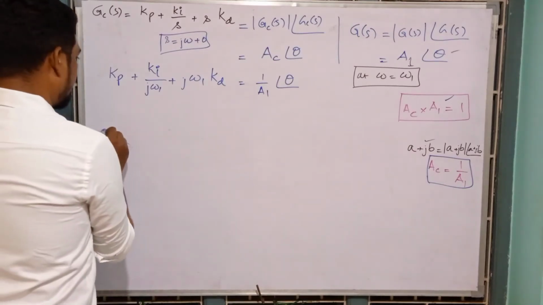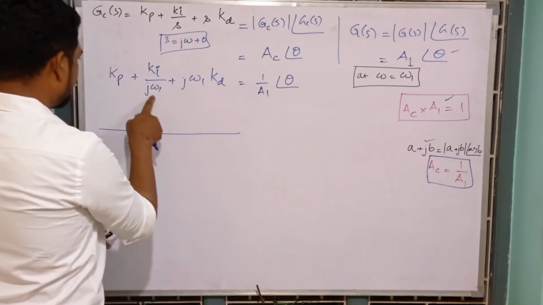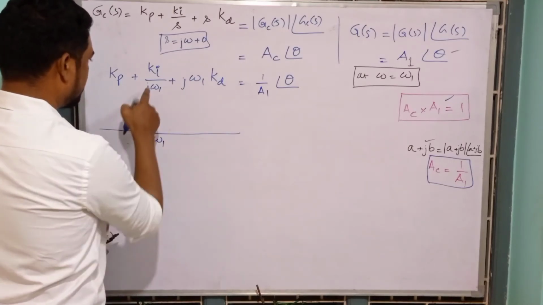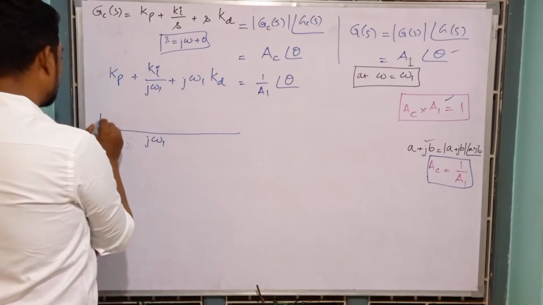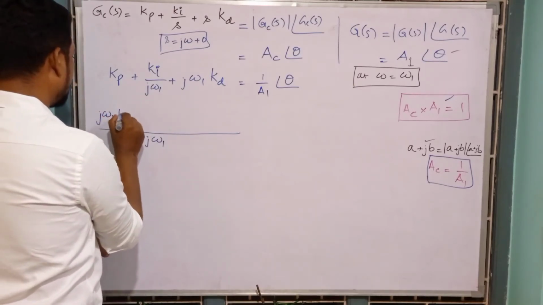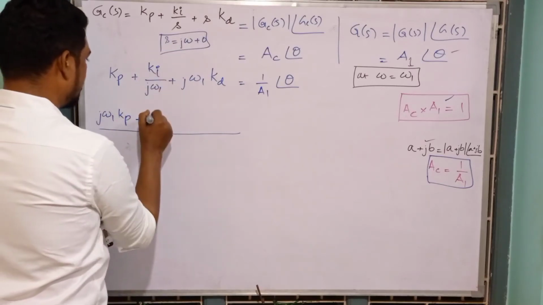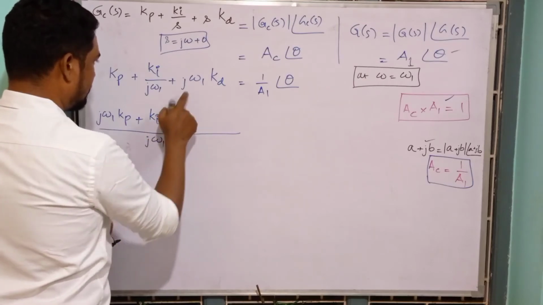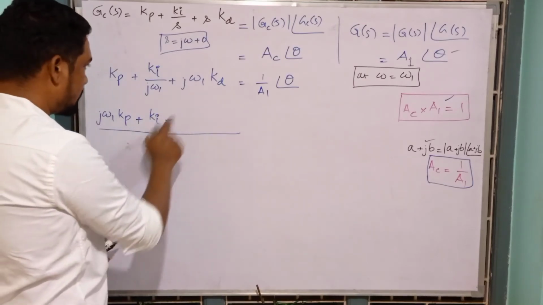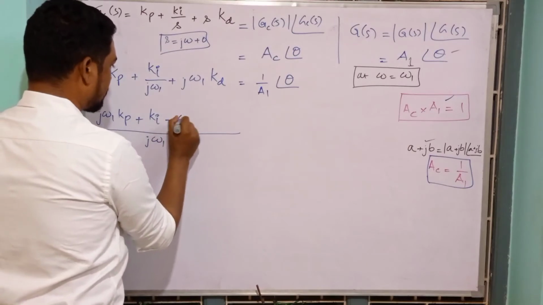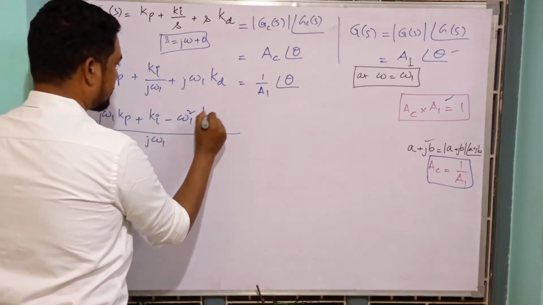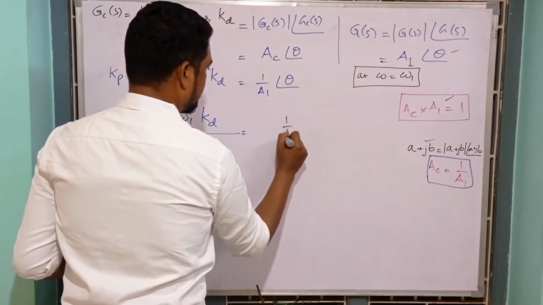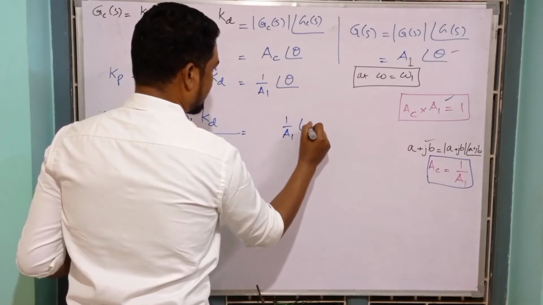Now going ahead, what does this simplify to? j omega 1 kp plus ki, minus j into j, that will be minus 1, right? j into j is minus 1, into omega 1 square kd, that will be equal to 1 by A1 with phase angle theta.